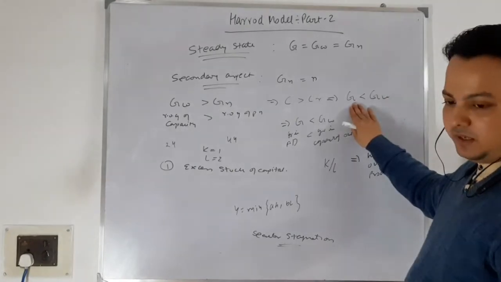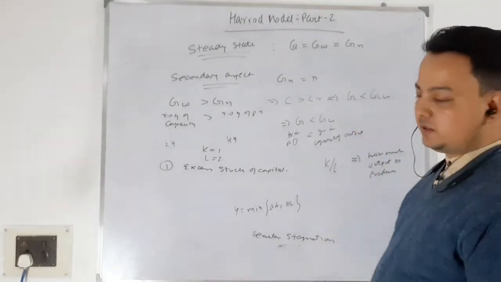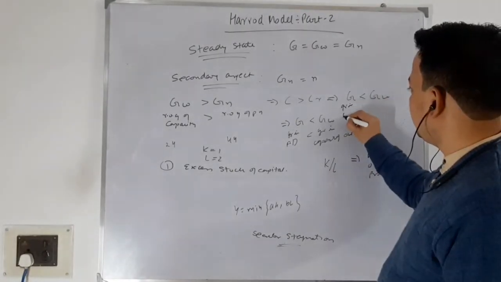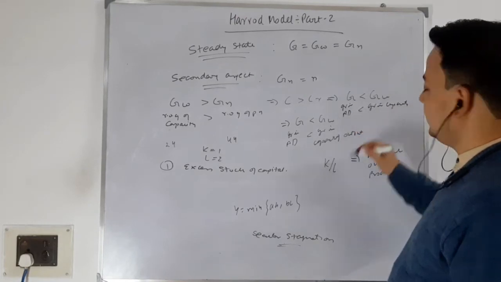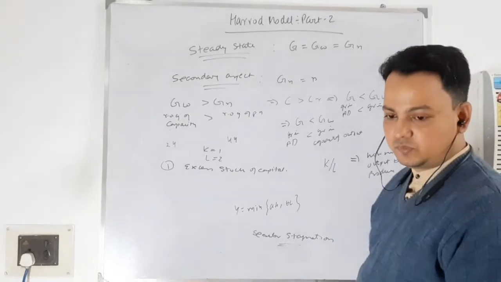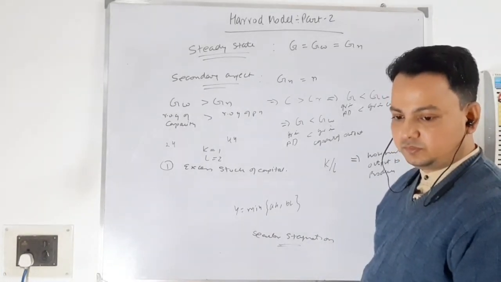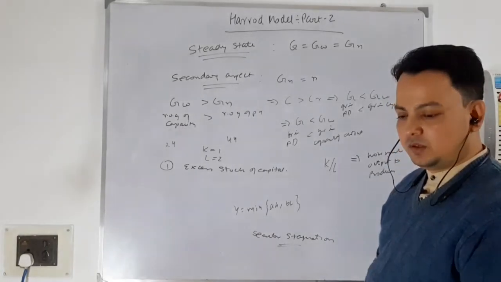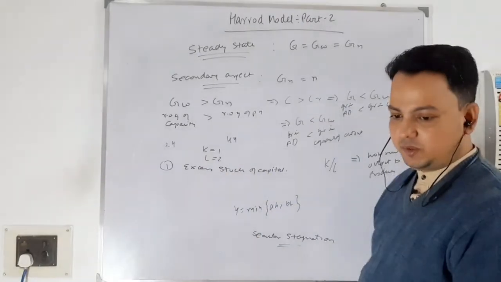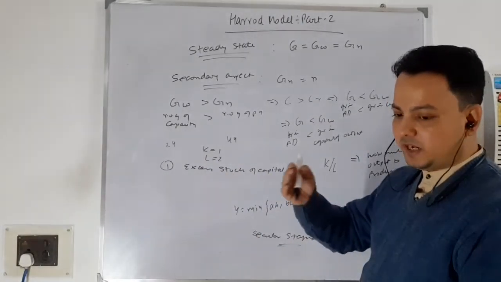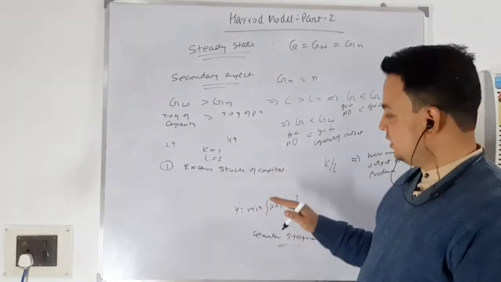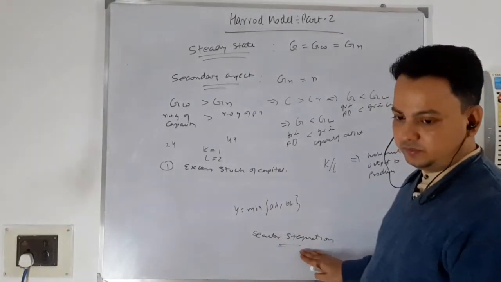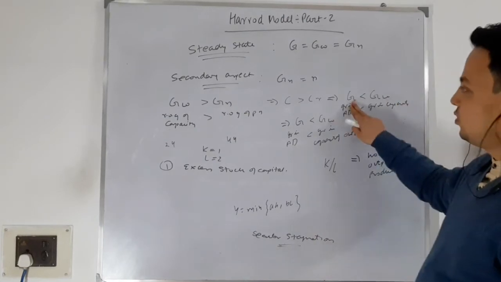When actual growth rate is less than warranted growth rate, that means growth in aggregate demand is less than growth in capacity output. In every period, what will the economy experience? Deflation, right? There will be a deflationary trend in the economy, or you can say recession, which means there is a secular stagnation.